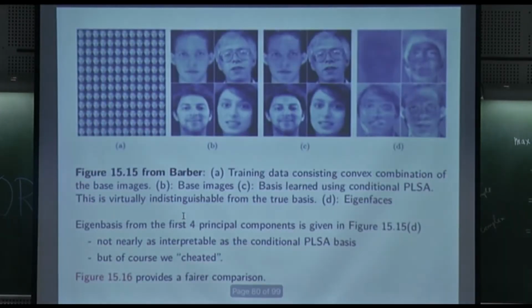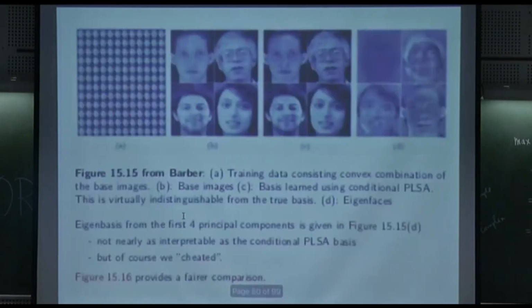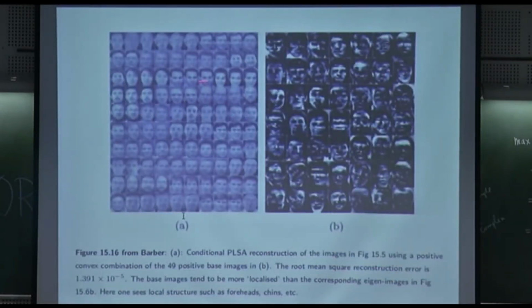So the basic idea is that in the first case the 4 basis images were known. In the second case, you don't know how many basis images there are.